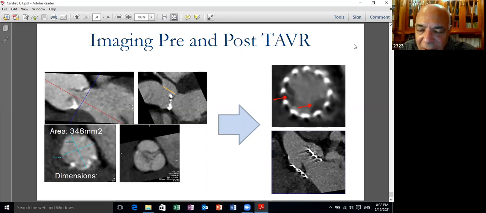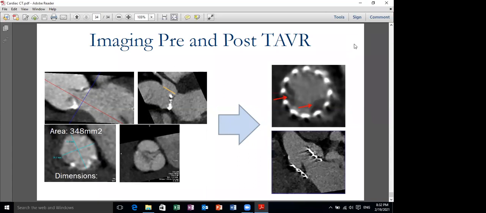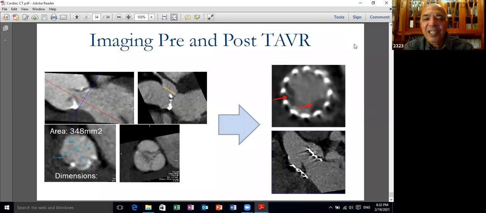So next question. The next question asks, what is the meaning of low attenuation plaque? Attenuation of the X-ray means that you prevent penetration. So if you have high attenuation, it will appear white. All of the Hounsfield scale is in relation to water. Water is zero.